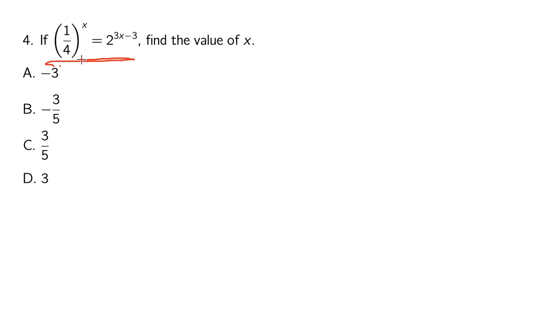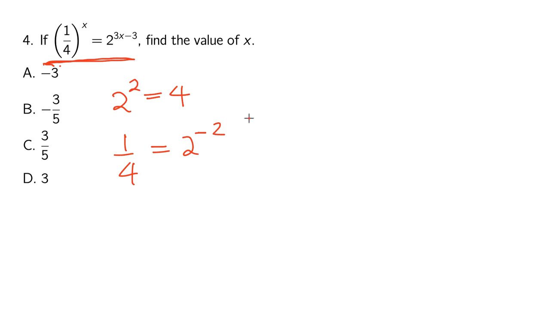We have to solve for x in this indicial equation. Now 1/4, if we remember the relationship between 2 and 4, we know that 2 squared is equal to 4. So 1/4 is the same as 2 to the power minus 2.